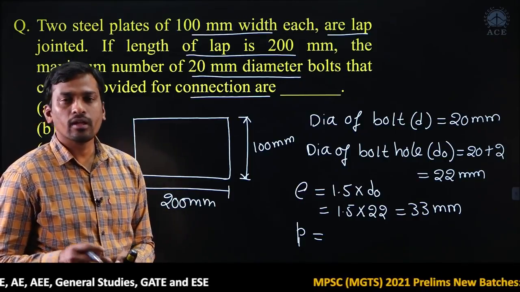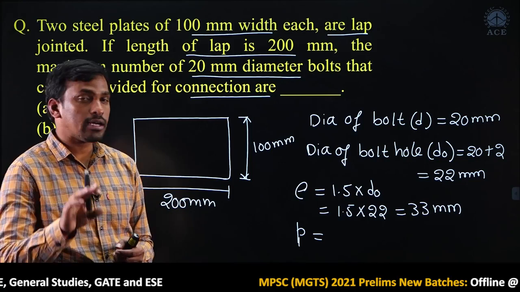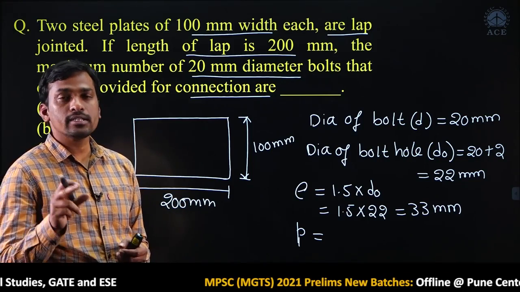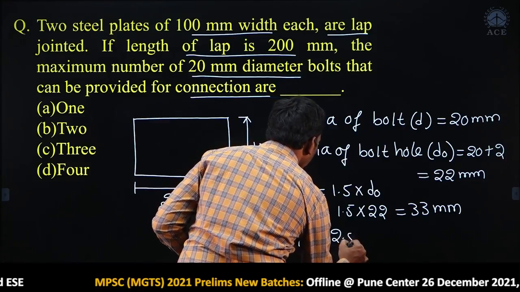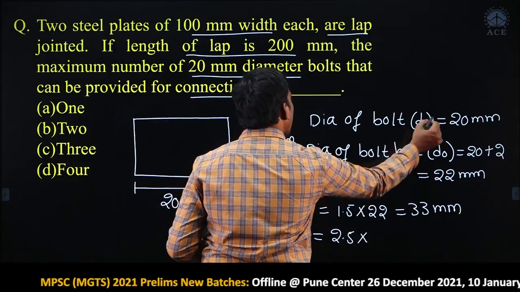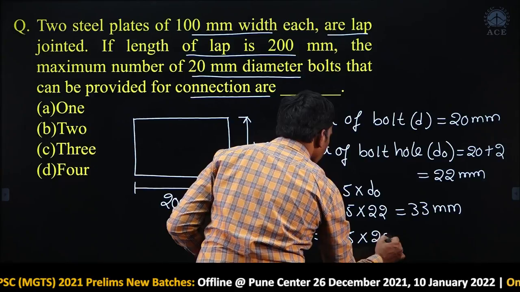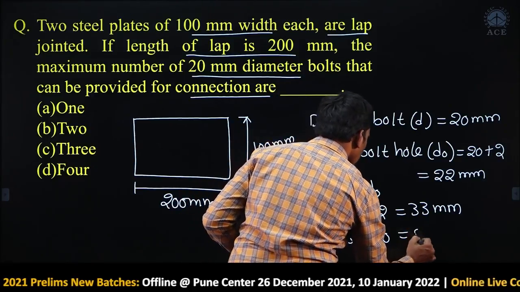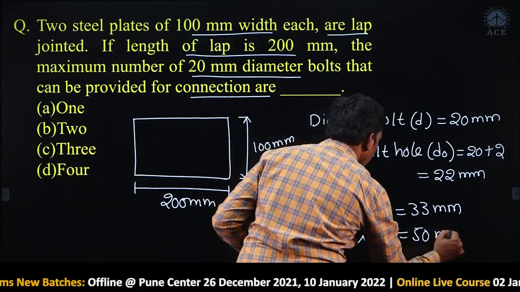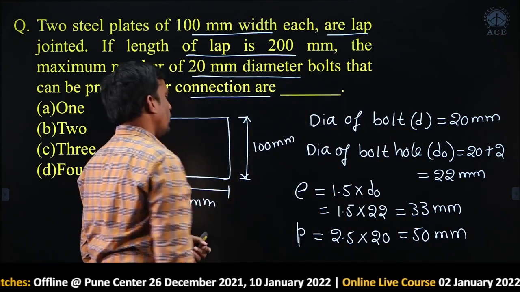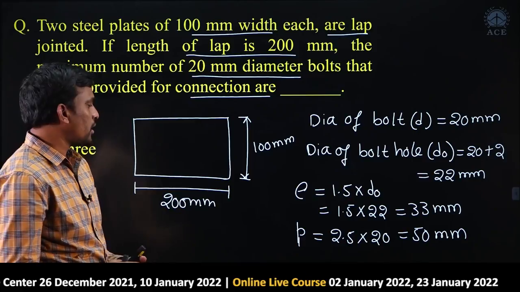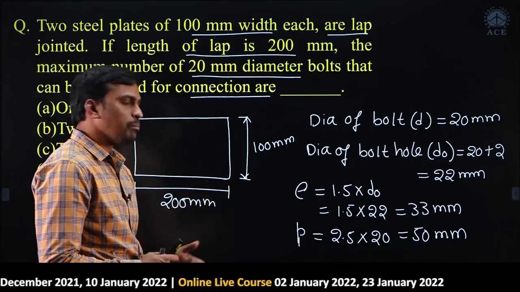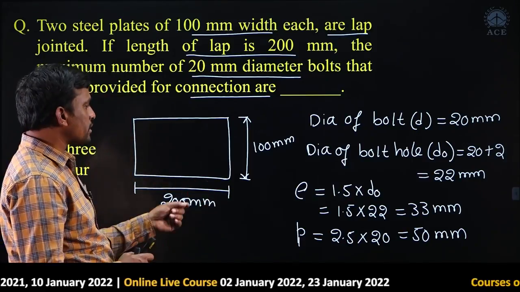It is 2.5 times the nominal dia of bolt, not the diameter of bolt hole, it is the nominal dia of bolt. 2.5 times the nominal dia of bolt, that is 20. Then this is 50 mm.